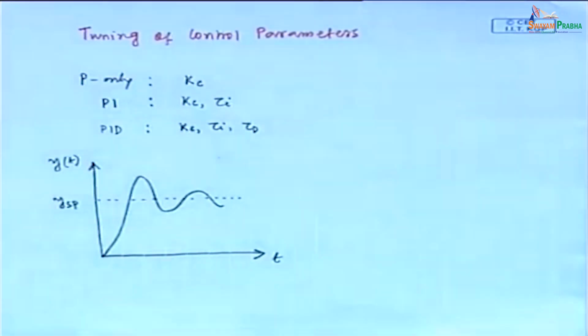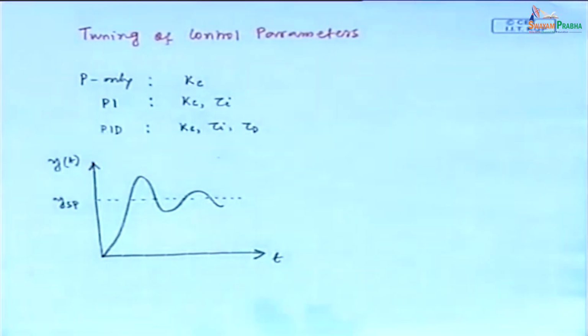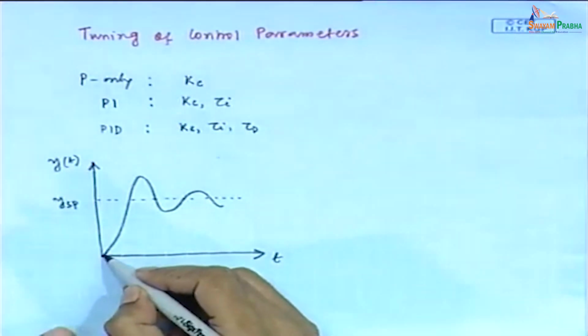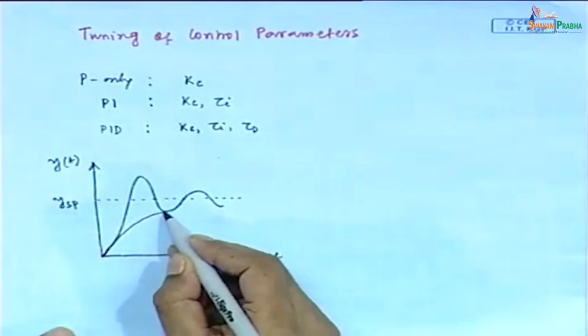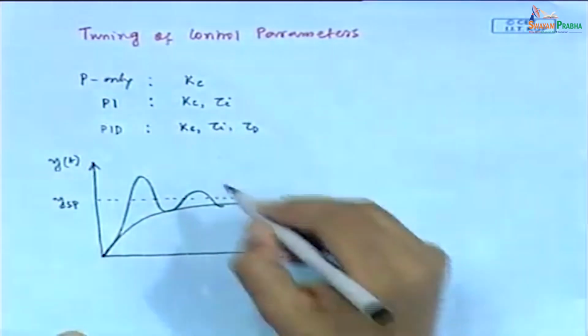For a particular set of tuning parameter values, and if we use another tuning set, we get, suppose, this type of response.